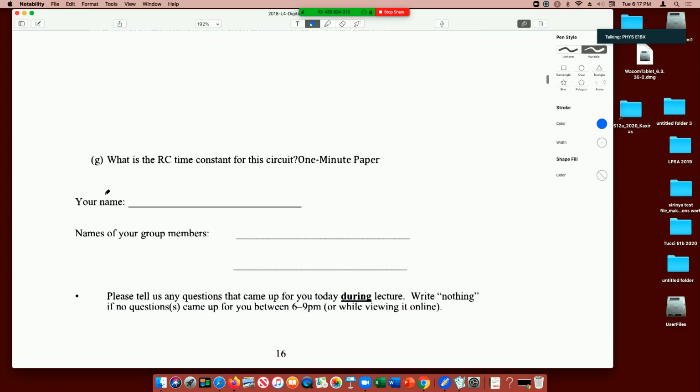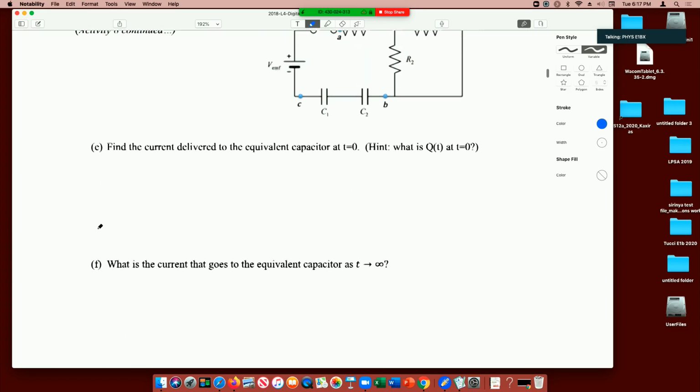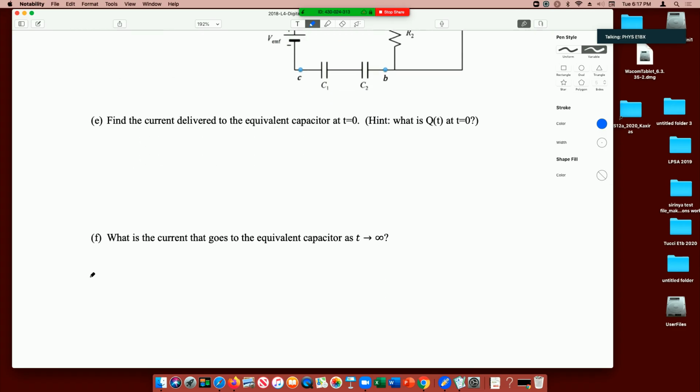Forget that, so just E and F. See if you can work together for a couple of minutes and discuss the case: what would the current be at t equals 0, and what would the current be when t goes to infinity. Then we'll pick it up in 2 or 3 minutes. Just turn to the person closest to you and talk about it.